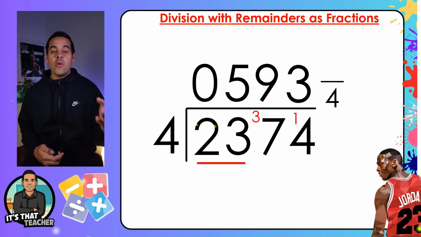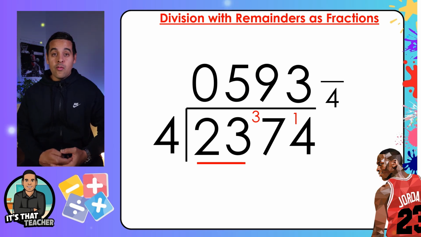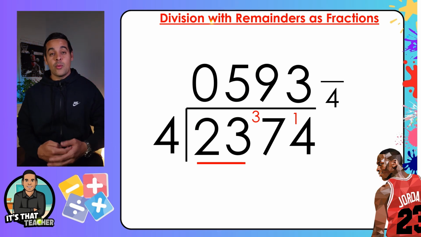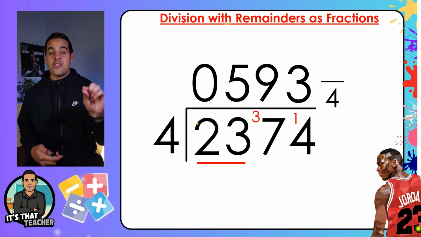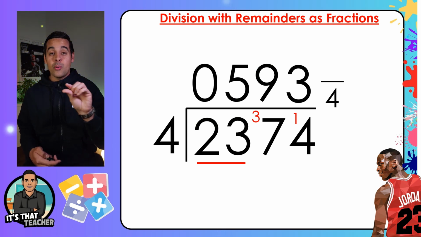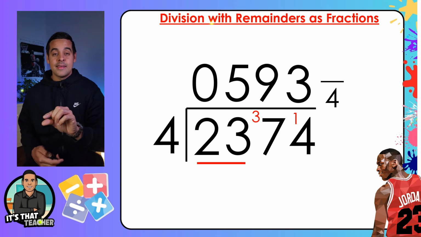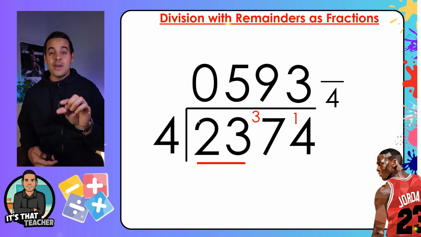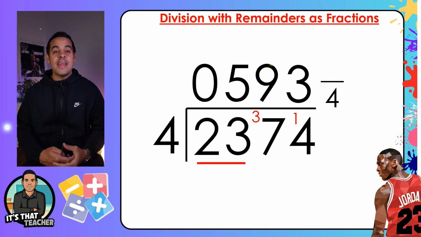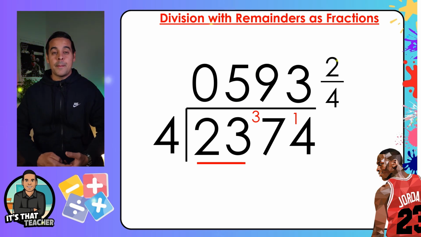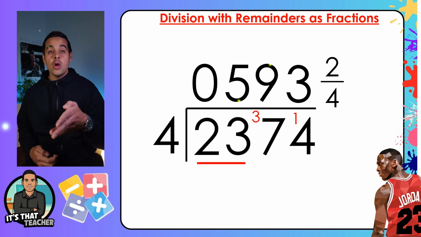So we've used 12 of the 14, so we have 2 remaining. So remember, the divisor is put as the denominator, and whatever your remainder is becomes the numerator. So the fraction would be 2 quarters.